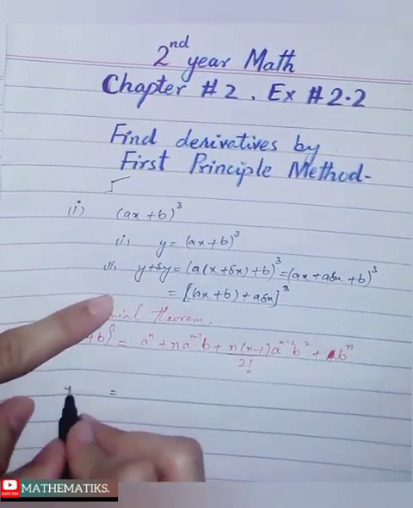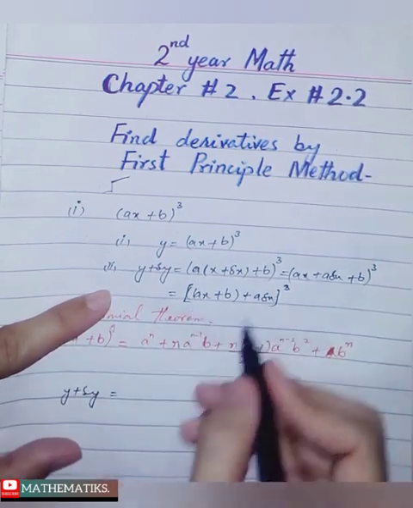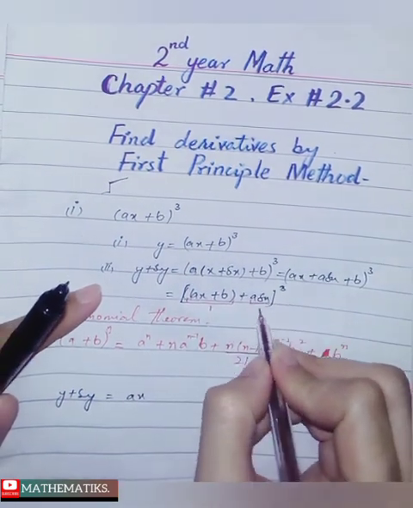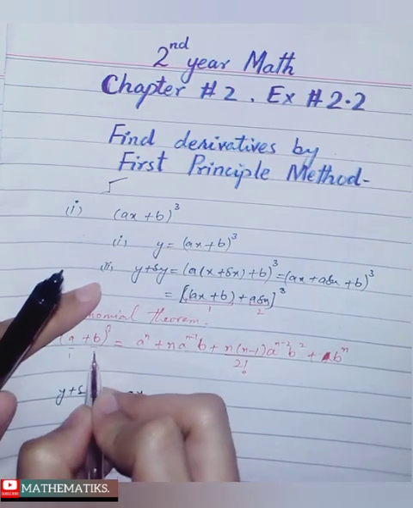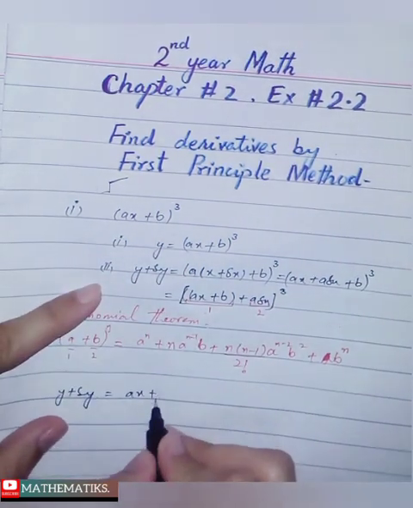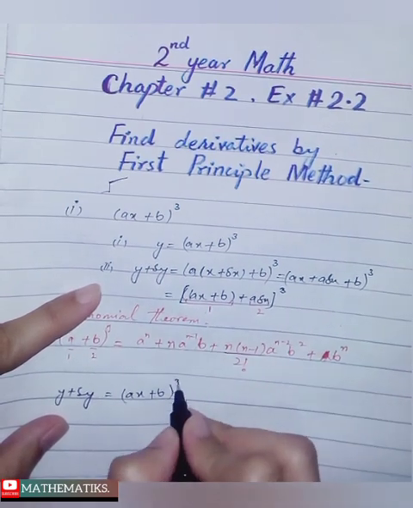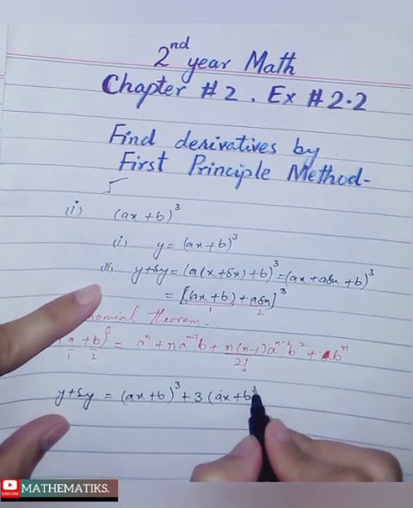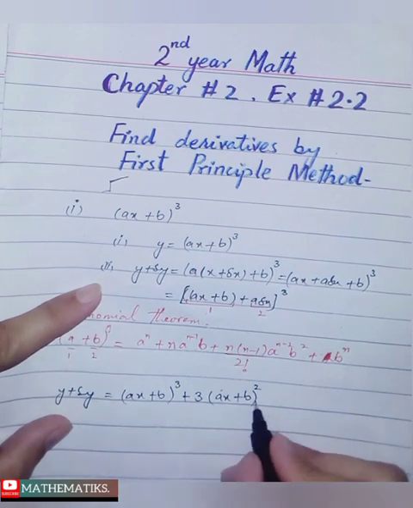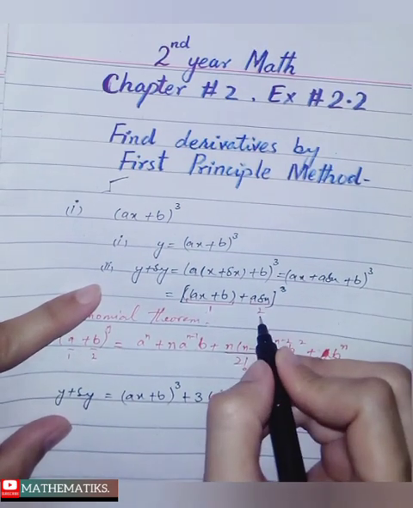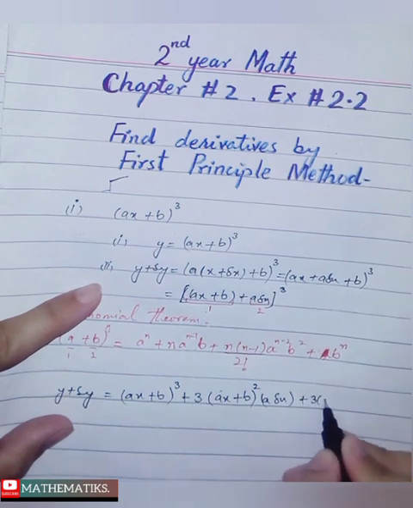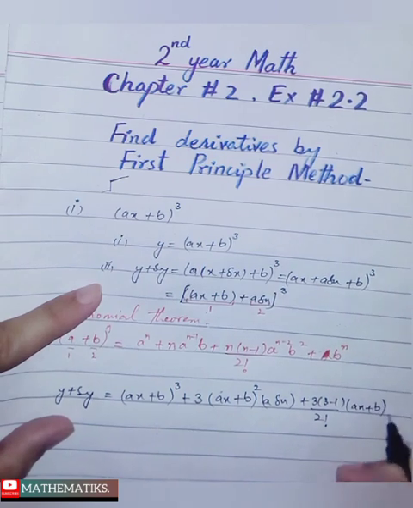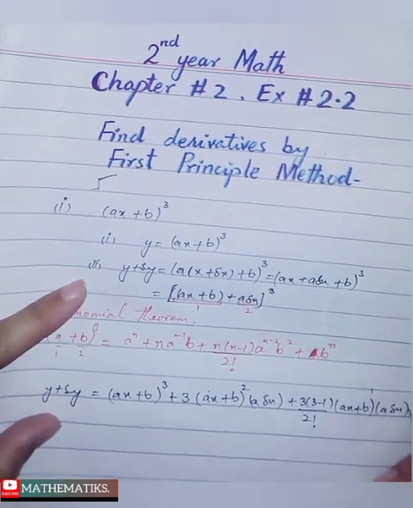It becomes y plus delta y is equal to, here we have ax plus b as factor number 1 and a delta x as factor number 2, meaning a is factor 1 and b is factor 2. So we apply this here: (ax + b) whole power, here n is equal to 3, so we write 3 here, plus 3 into (ax + b) power 3 minus 1, which is 2, into a delta x, which is our factor number 2, plus 3 into 3 minus 1 divided by 2 factorial into (ax + b) power 1 into (a delta x) power 2.